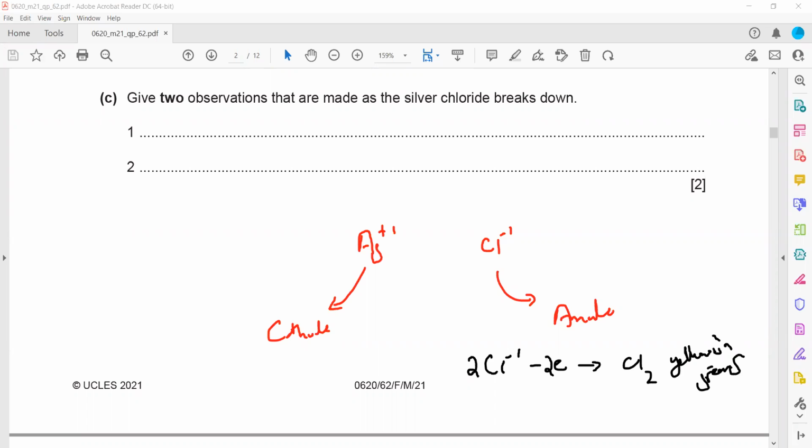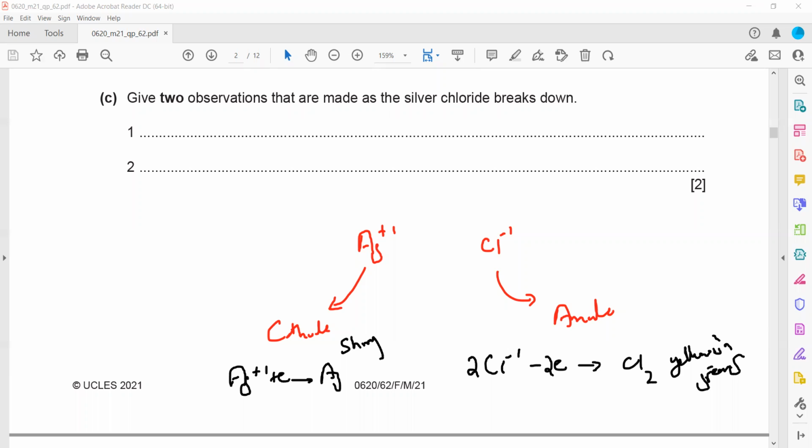And the silver ion is attracted towards the cathode, so it will take one electron and silver will turn into an atom. And it's a metal, so you will not write it as a molecule, it will always be an atom. What will be the observation whenever a metal is formed at the cathode? We'll observe a shiny solid is formed.